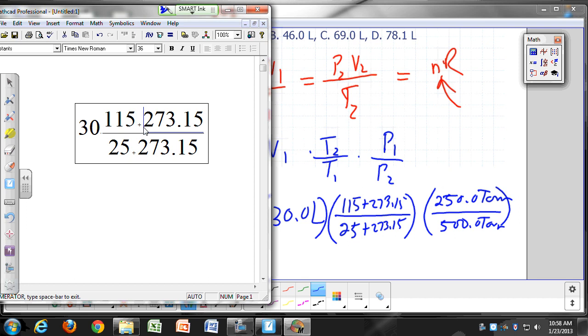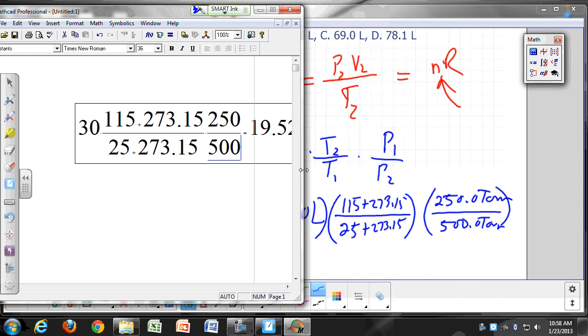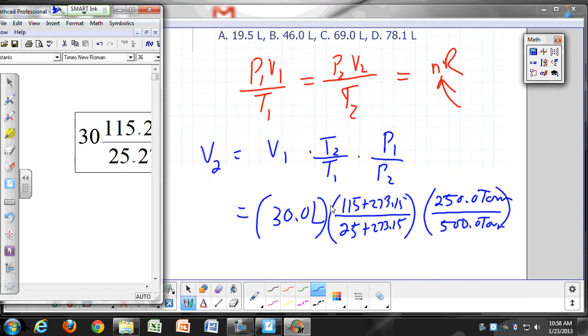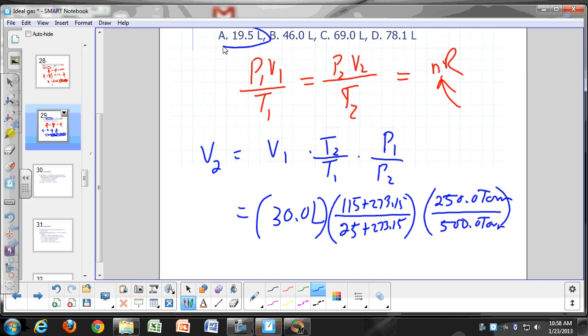Make that big. And that plus is really small. Times 250 over 500. That gives us 19.528. So the answer is 19.5, big sig figs. Okay.